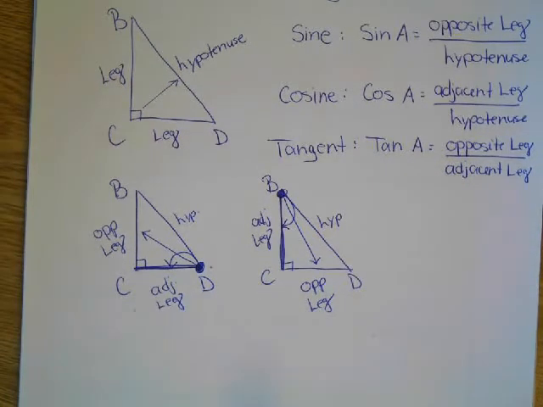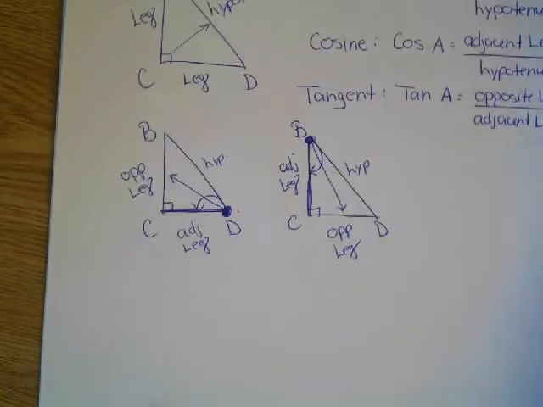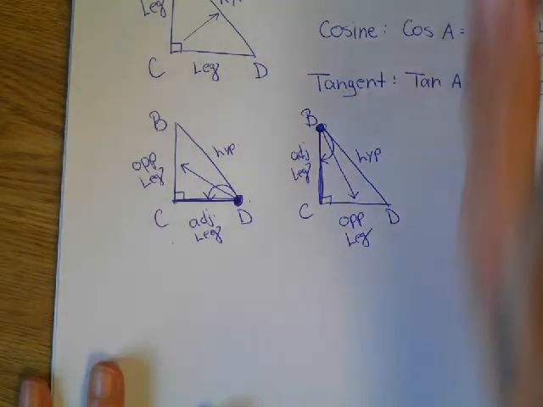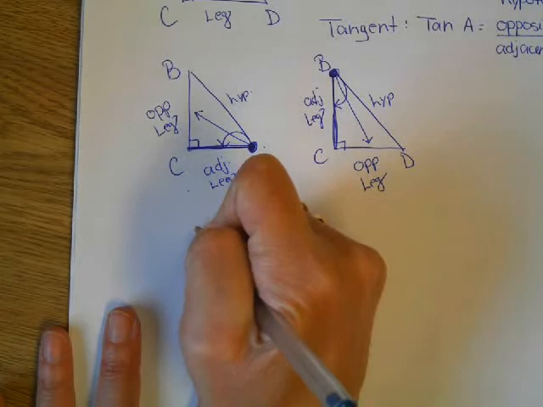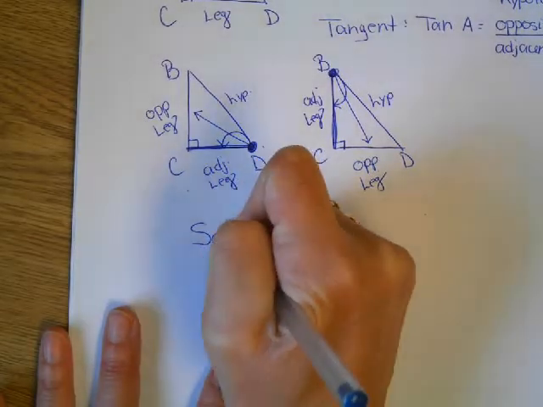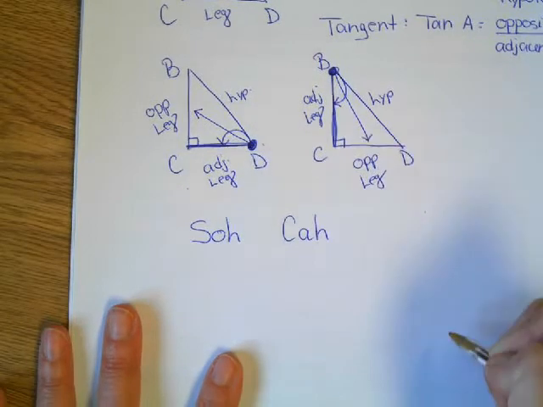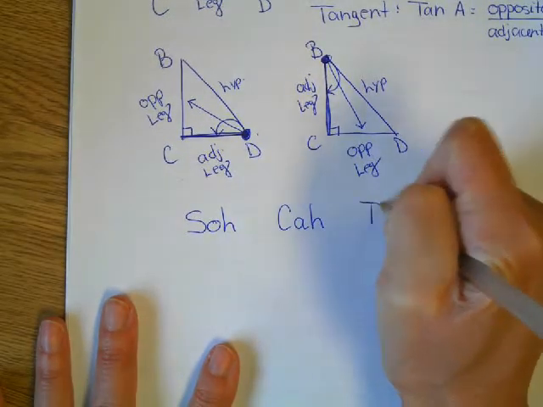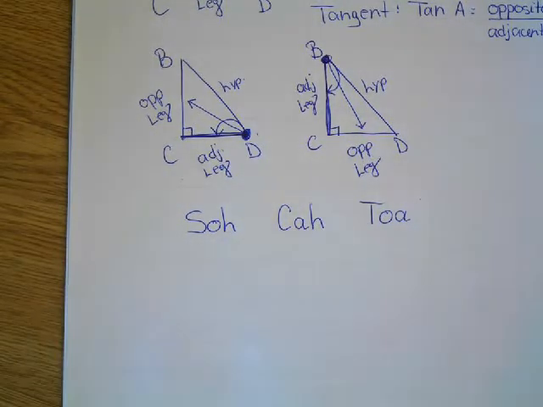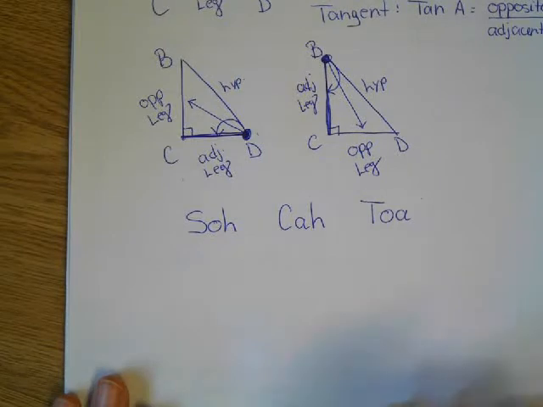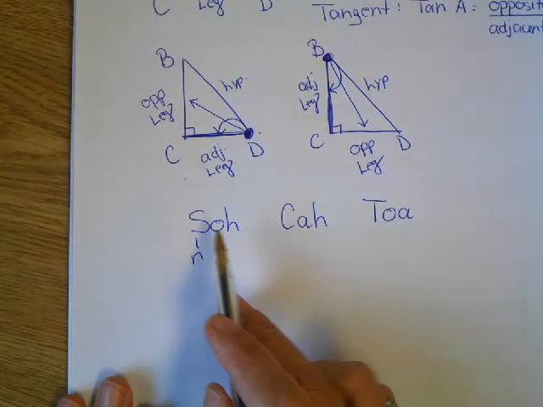All right, so now the little mnemonic device to help you remember these three ratios is called SOHCAHTOA. So what did I just say? So SOH is spelled S-O-H. CAH is C-A-H. And then TOA, T-O-A. SOHCAHTOA. So how this helps you is the S stands for the sine function.